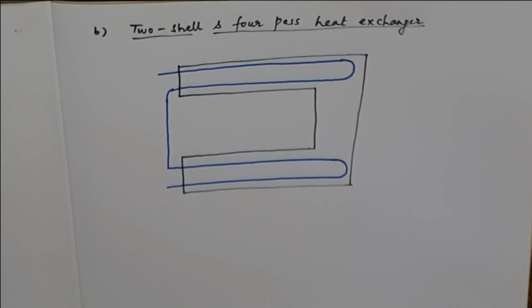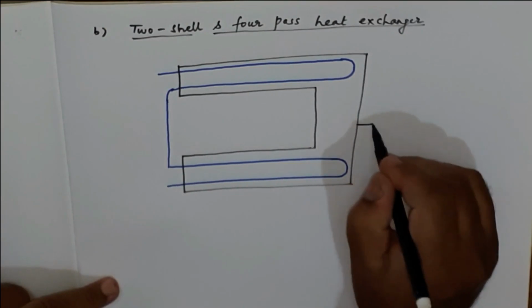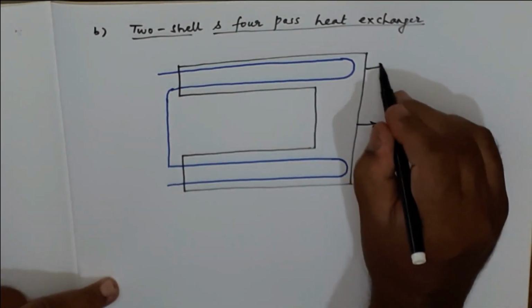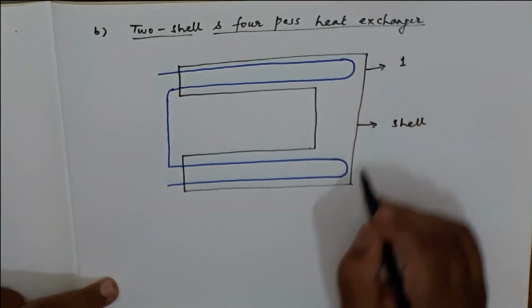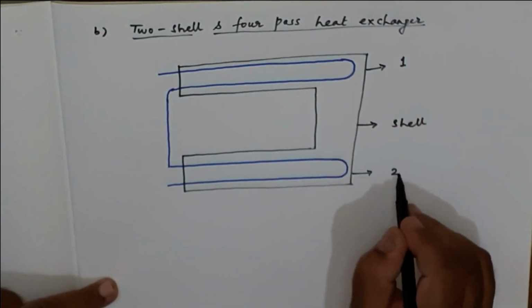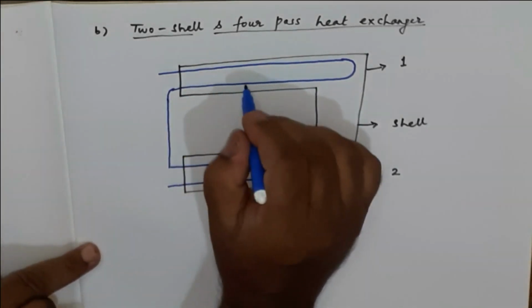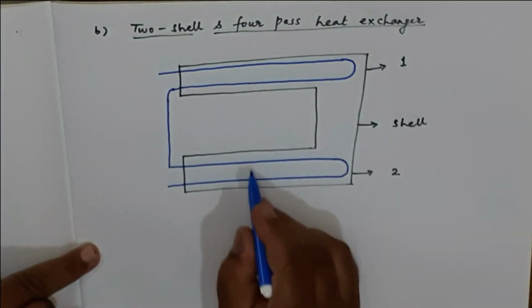The black color what we have drawn is nothing but the shell. So I have shell number 1, and I have shell number 2. There are 2 shells, and the blue lines represent the tubes. You have 1 and 2, and 3 and 4.